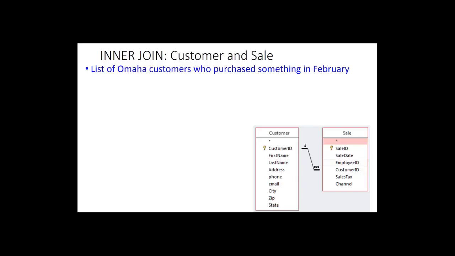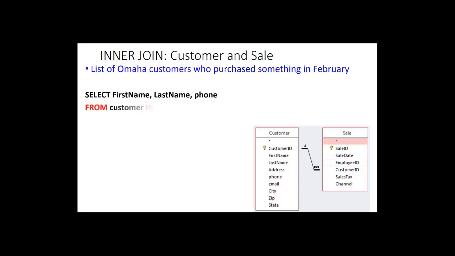Records of sales, including sale date, are in the sale table, and these two tables have a relationship, a pair of primary and foreign key, customer ID. So these are the tables we need, and we can start the query by listing the fields that we want to see in the output. So we start with select first name, last name, and phone number of the customers.